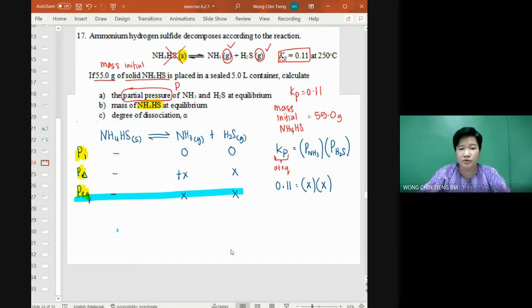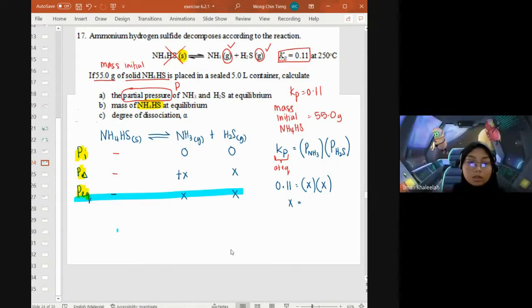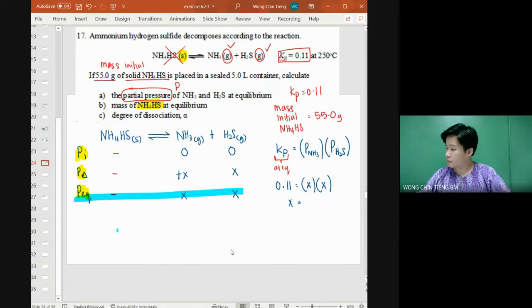Okay. So you will be able to get the X value over here. 0.3317.